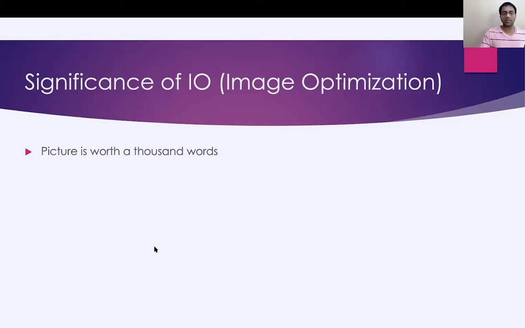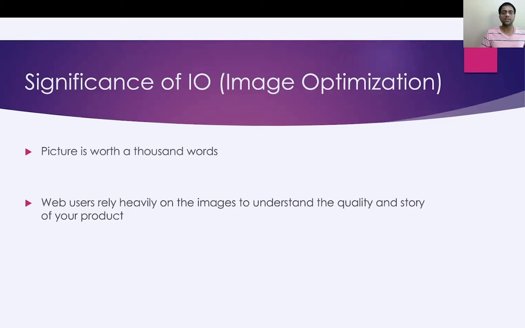And another reason why we need to look at the image optimization significance is because of that. Web users rely heavily on the images to understand the quality and story of your product. This is completely true if you're running an e-commerce website or anything where you want to sell a product using a web page. Let's say you want to sell a product on a web page and you took a few images of your product before you put it on websites.